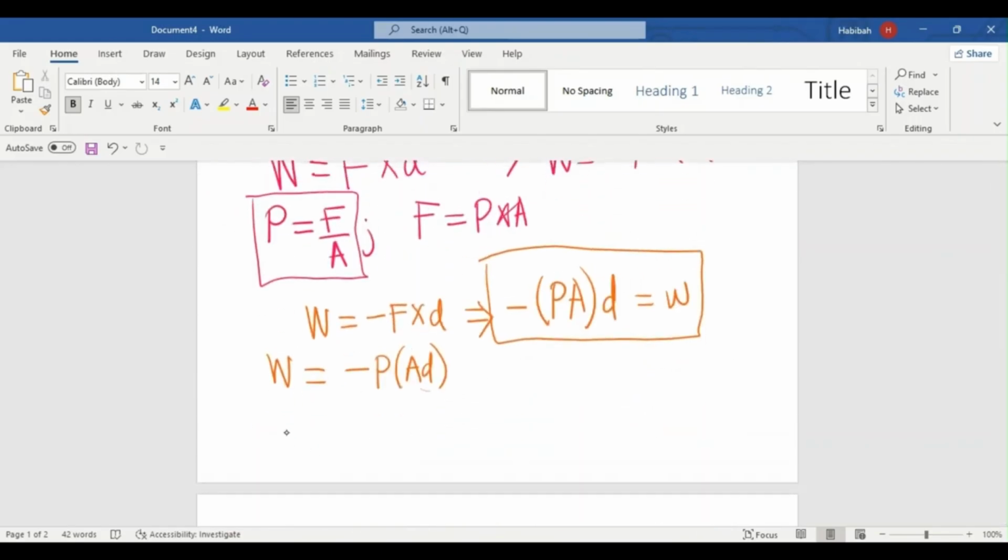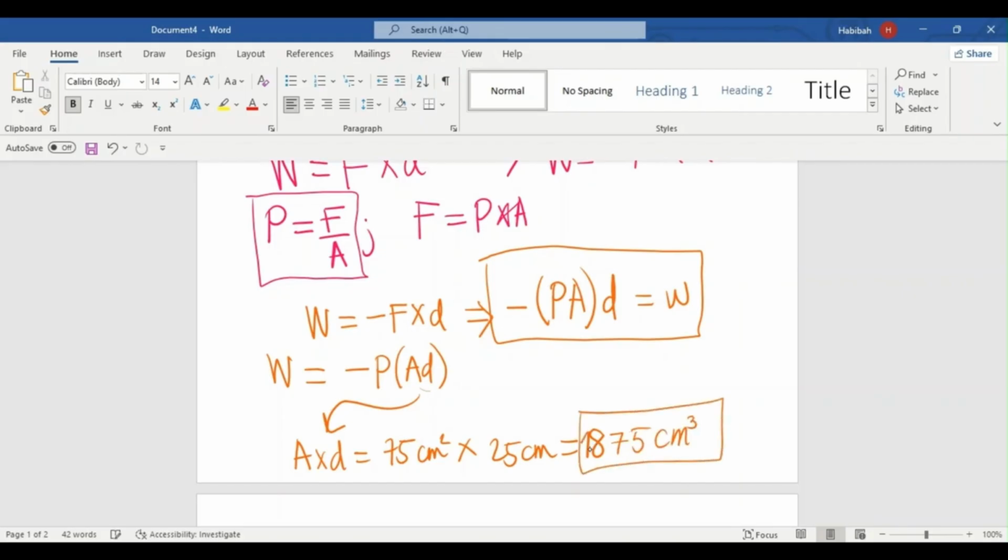So area times distance, 75 centimeter squared times 25 centimeter, would give you 1,875 centimeter cubed.